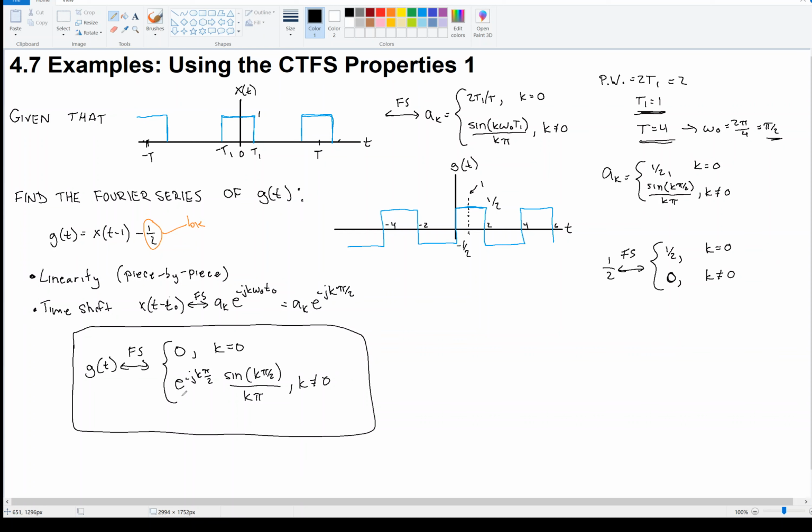Now, what does this thing tell us, this k not equal to 0? Well, remember, we're saying that g of t is a sum of a bunch of oscillations, a bunch of harmonics. So first of all, notice that when k is even, we would have the sine of a multiple of pi, right? When k is 2, this would be the sine of pi. When k is 4, this would be the sine of 2 pi, 3 pi, and so on.